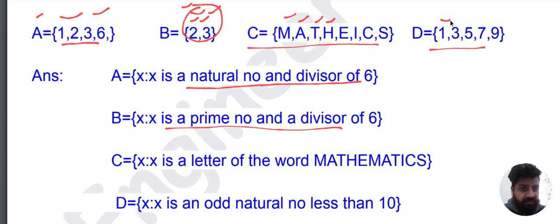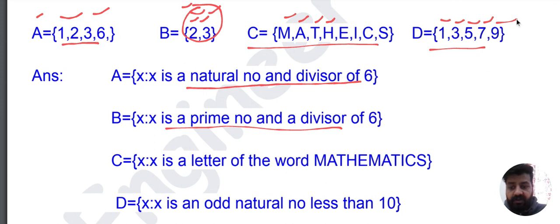There is no even number; all are odd numbers. These are a combination of prime and non-prime numbers, so there is no logic about primes. Leave the concept of prime numbers aside: these are odd numbers, these are natural numbers, and these elements are less than 10.